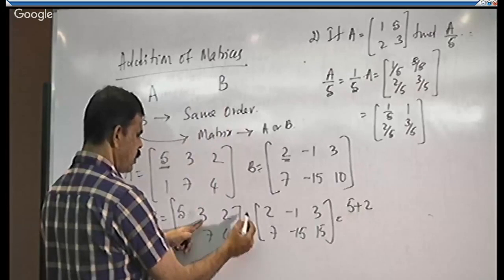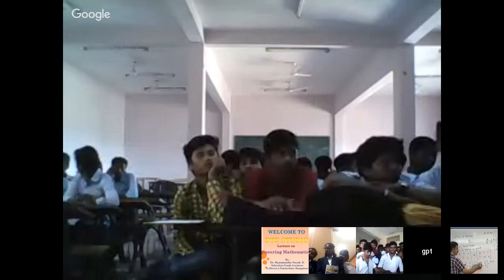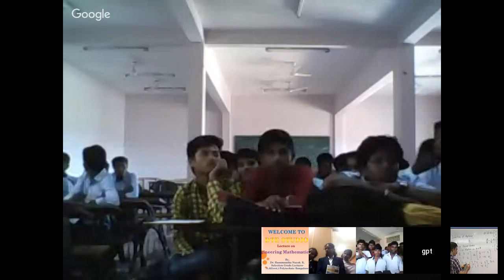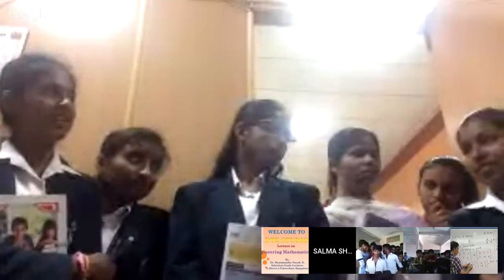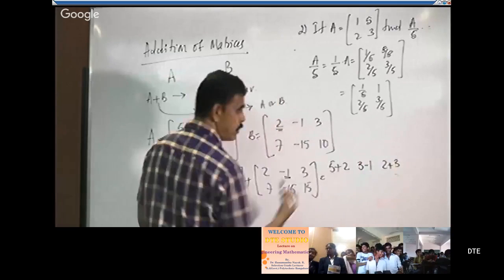Next, 3 plus into minus. The element 1 is having a minus sign. That is multiplied with this. 3 plus into minus 1. Third element in the first row: 2 plus 3.